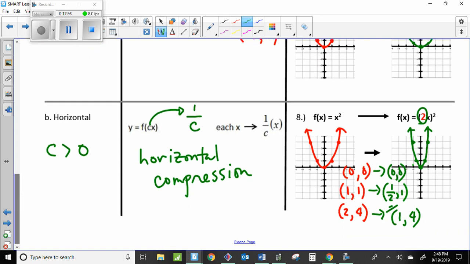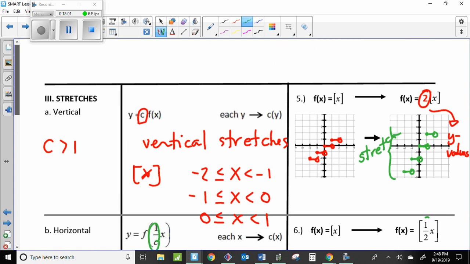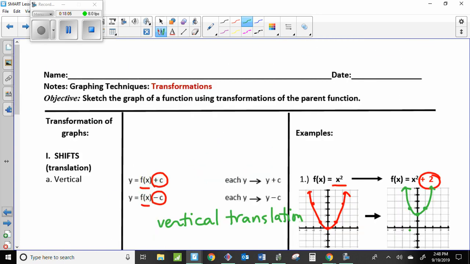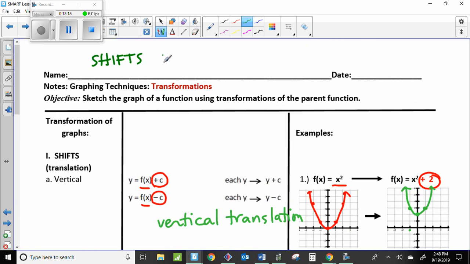So these are the different transformations of graphs. If we list them down, first is shifts, and that could be vertical or horizontal. The second one is reflection, and that would be over the y or the x-axis.